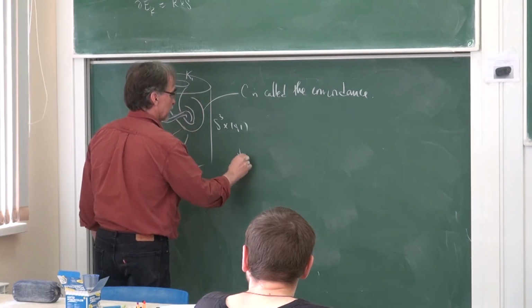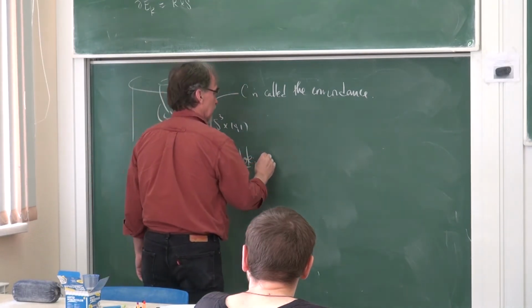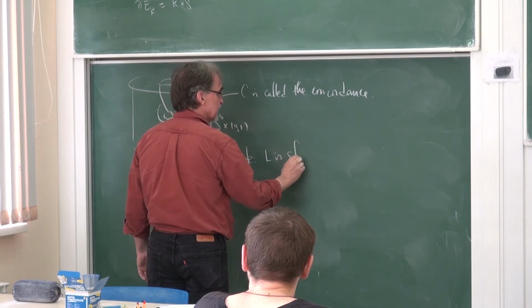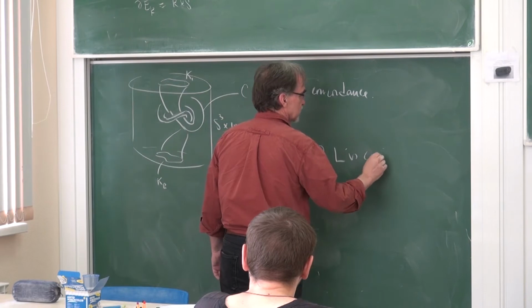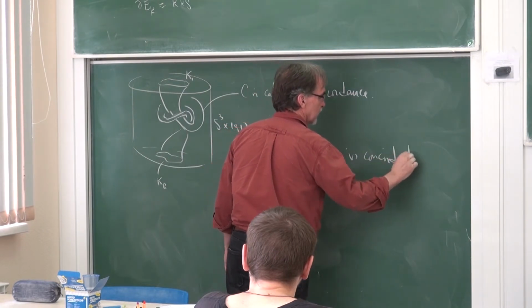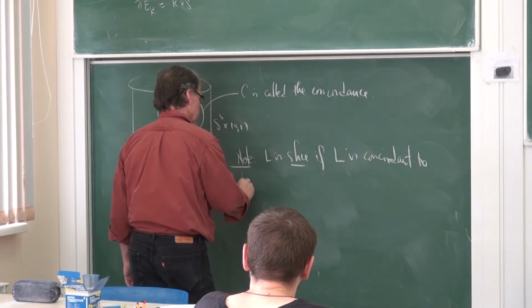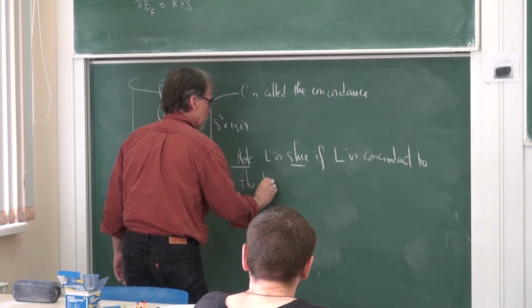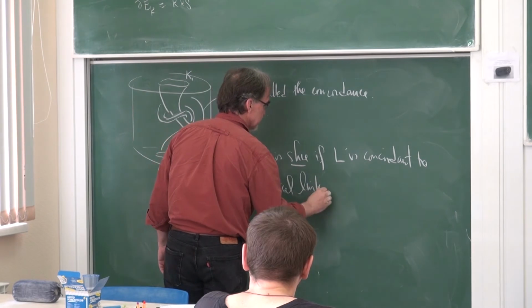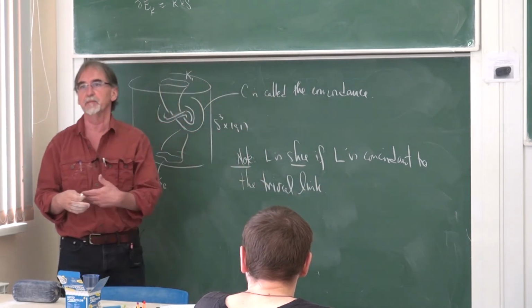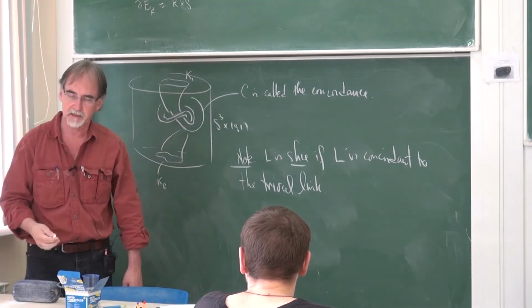Note the following. L is slice if L is concordant to the trivial link. Which just means that the components bound disjoint embedded disks.